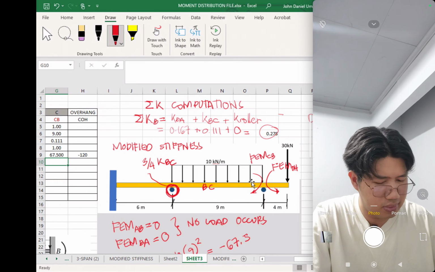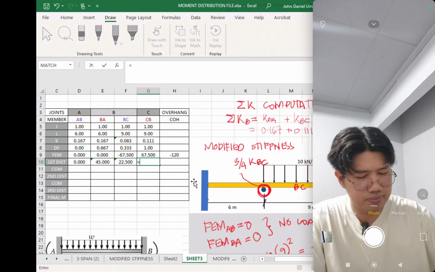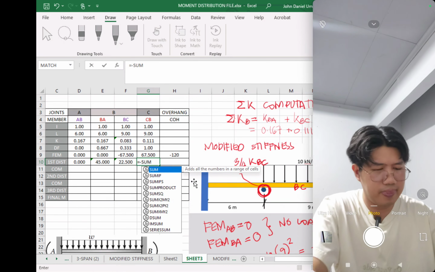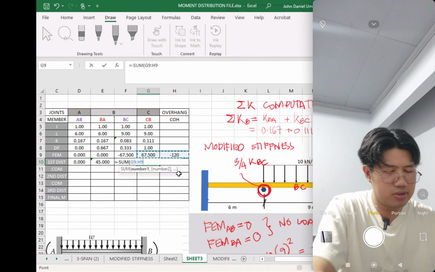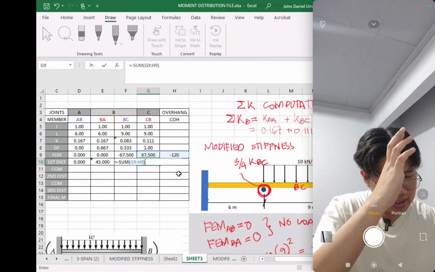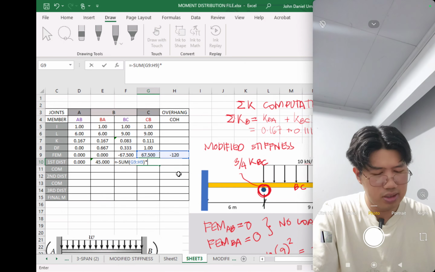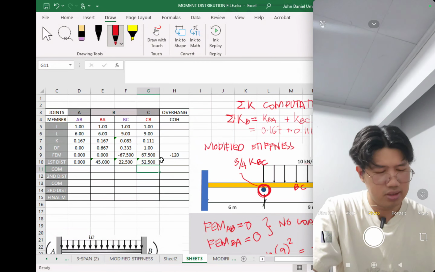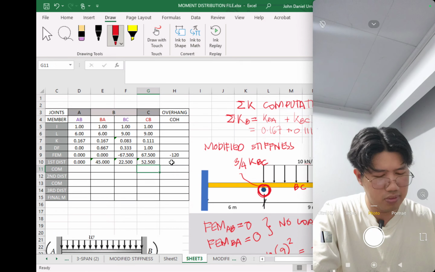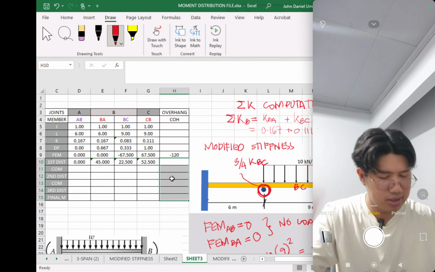Okay? So, we must add those two. Equals the negative sum of the moments acting at that joint, which is FEMCB, and the fixed end moment produced by the overhang part, times the distribution factor. Okay, so dito, wala na tayong lalagay dyan. Okay, so hahayaan na lang natin yan.